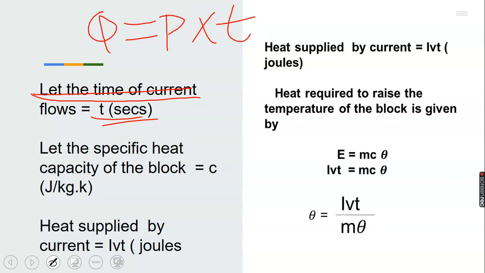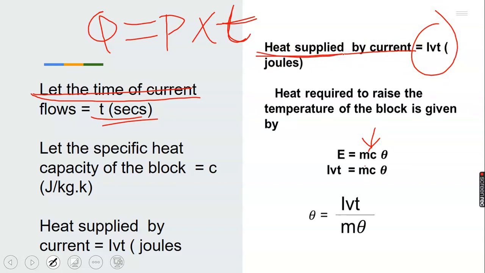And we know power to be in wattage, then multiply by the time. We know our M and the C. This C stands for specific heat capacity of different substances. Now, the heat supplied by the current equals this.